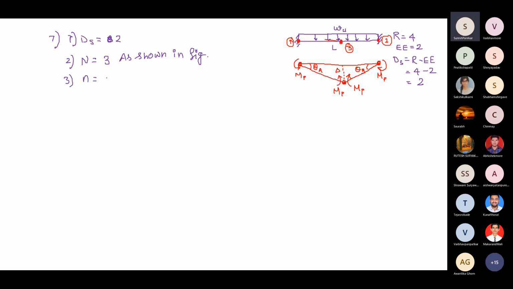Small n is equal to ds minus 1 plus 1. Plus 1. Plus 1. So 2 plus 1, 3.